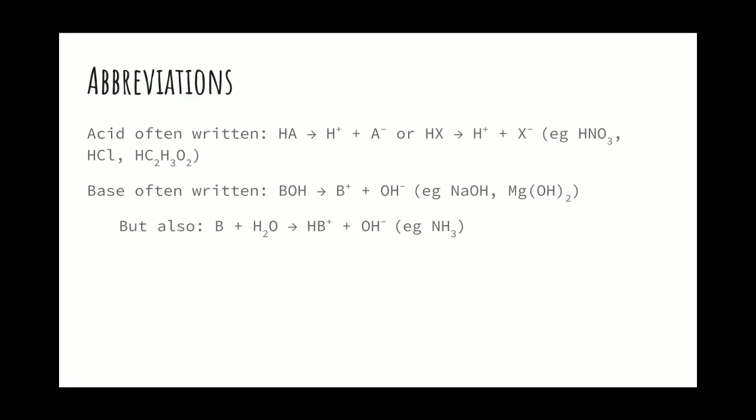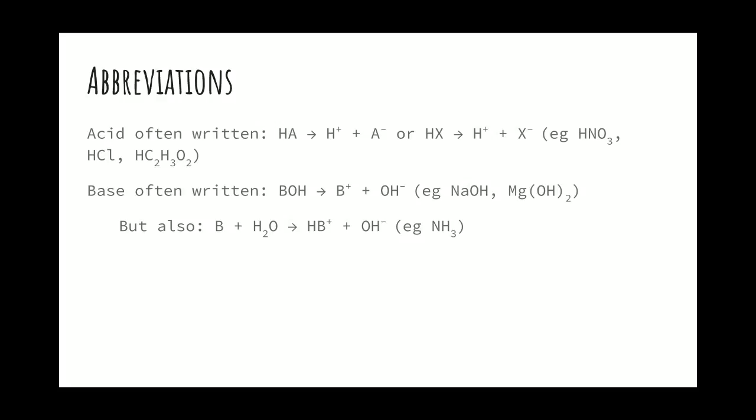So you've already seen some of these, the way that I abbreviate acids and bases, so I can talk about acids generally rather than a particular acid. I might write HA, which would separate into H plus and A minus. Or HX, that would be a halo acid, hydrogen chloride, hydrogen fluoride, hydrogen bromide, and so on.